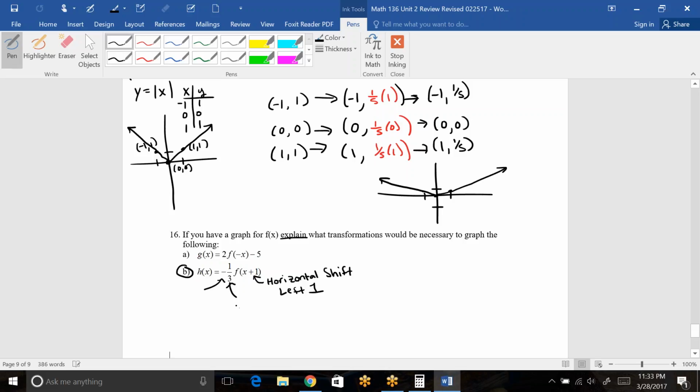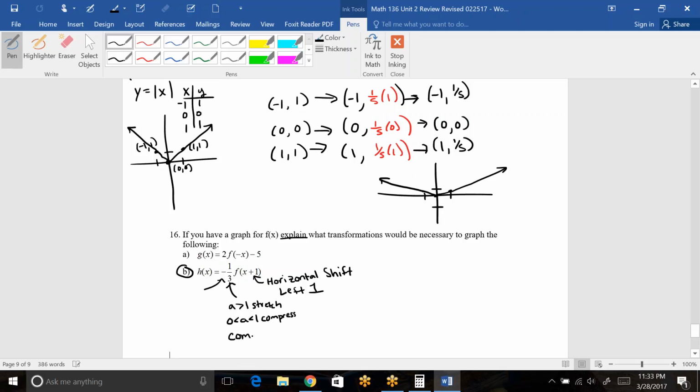If you have a number in front, remember that's either a stretch or a compression. If the number is bigger than 1 out front, that's a stretch. If the number is between 0 and 1, it's a compression. So as long as we don't look at the negative right now, that 1/3 is between 0 and 1.